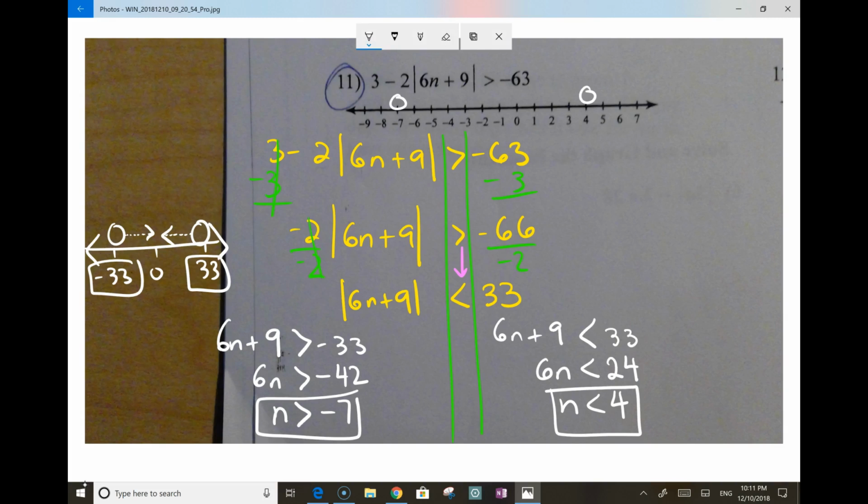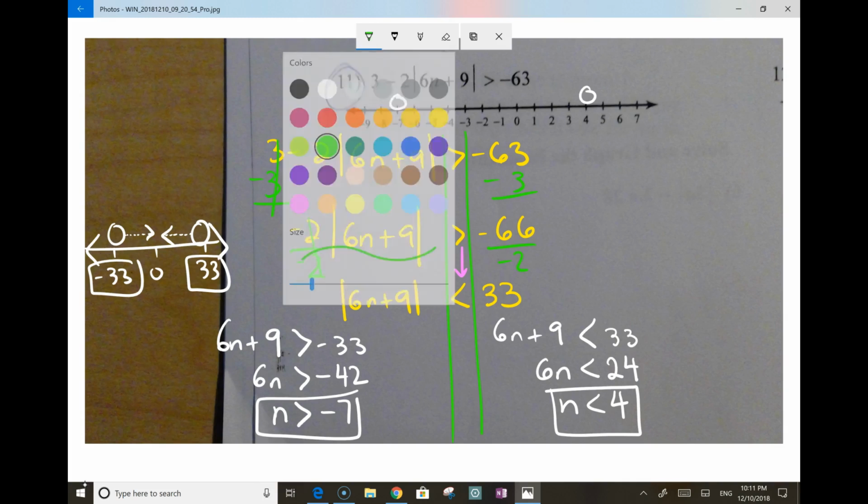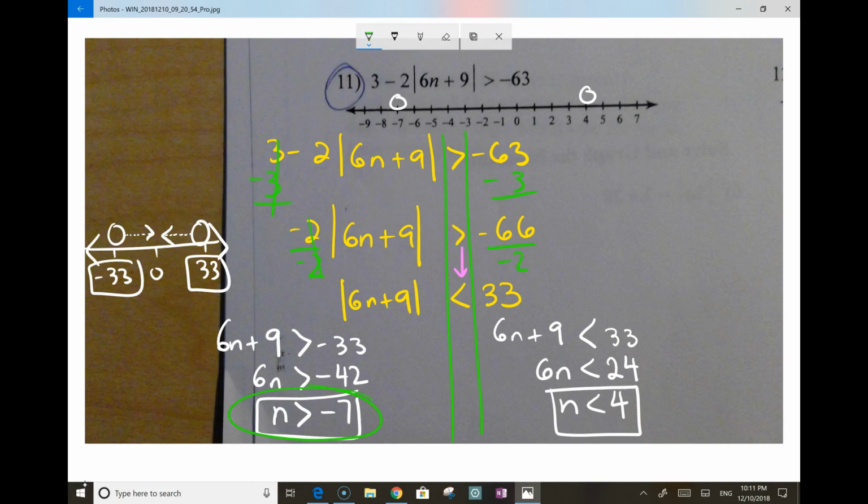If I'm at negative 7, as you can see from the answer over here, n can be anything as long as it's bigger than negative 7. Bigger means I must go to the right. So there I am, going to the right. If you're at 4, then n could be anything you want it to be as long as it's smaller than 4. So smaller than 4 means you have to go left.